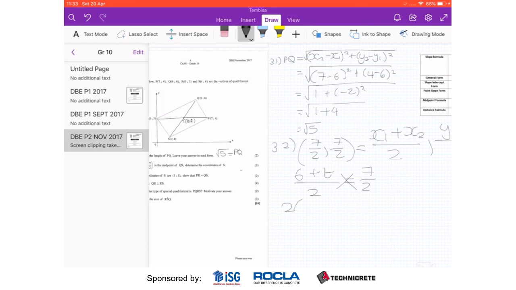So it's going to be 2 times (6 plus t) to create an equation which is then easy to solve. 2 times 6 is 12 plus 2t is equal to 14. 2t is equal to 14 minus 12. 2t is equal to 2, divide by 2, divide by 2. t is equal to 1.